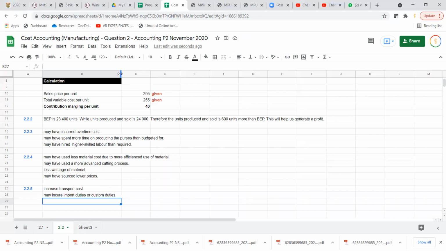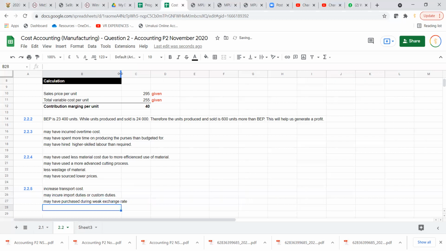And then also when you buy from overseas, you have to pay in their currency. So you may have purchased during a weak exchange rate, so you're exposed to exchange rates. That is a possibility.